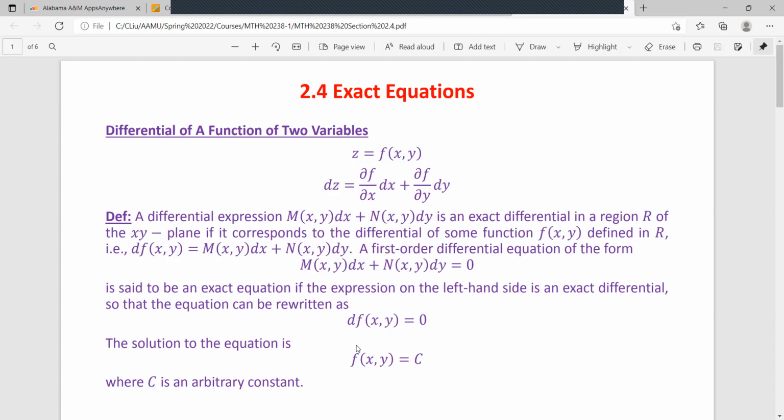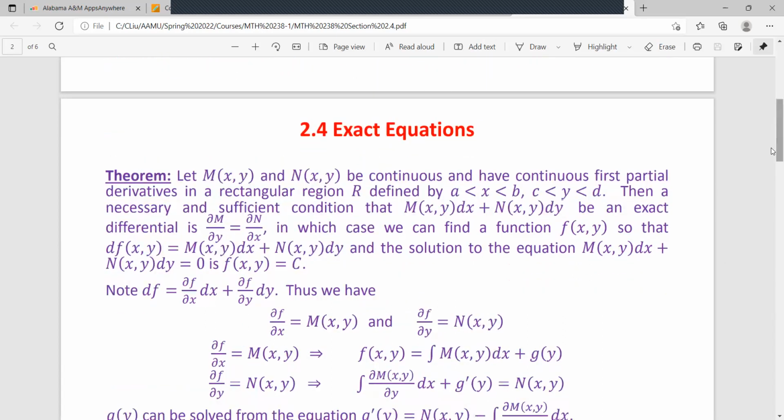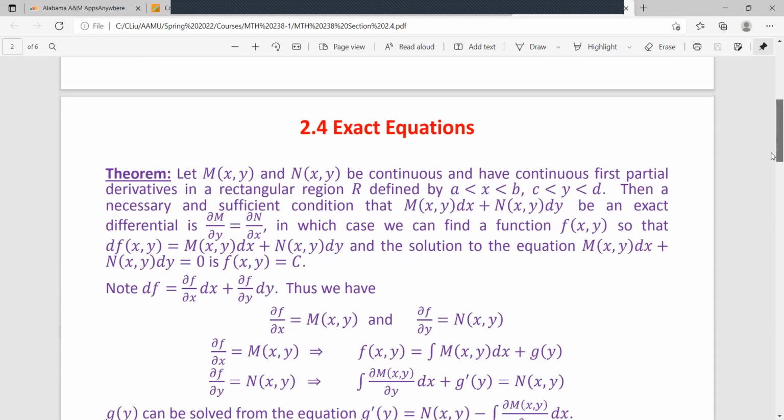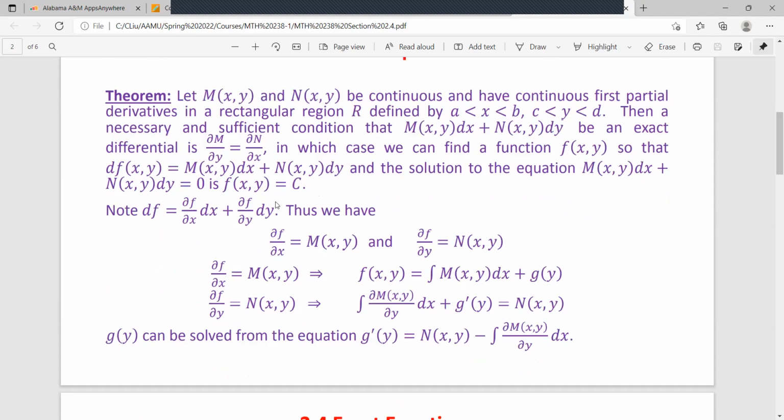Okay, where f can be found from the procedure as we showed last time. Basically, we have to use both M and N to find this f. Okay, so these are the formulas.